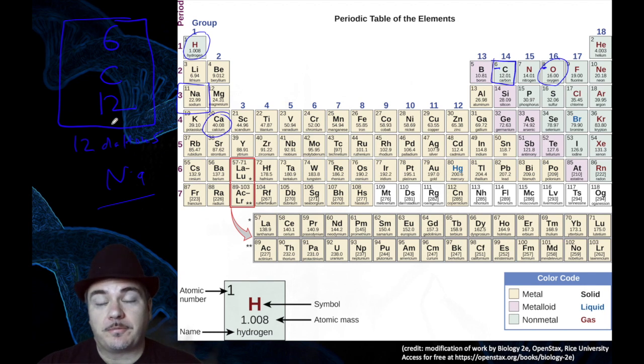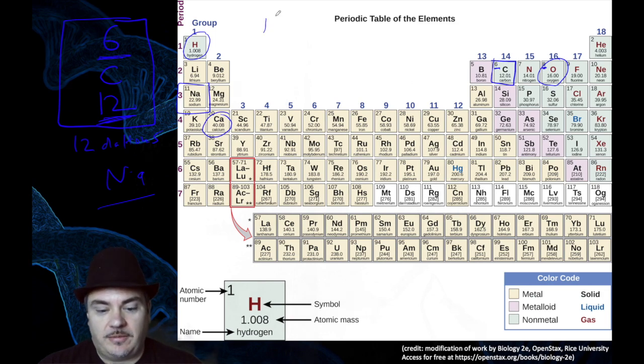Remember, that's also the number of protons plus neutrons added together. So, if I give you this for carbon and I say, well, how many protons does carbon have? That's easy. It has 6. That's its atomic number. I say, okay, well, how many neutrons does it have? Well, this number at the bottom is neutrons plus protons added together. So if you want to know how many neutrons it has, it's 12 minus 6, or has 6 neutrons.